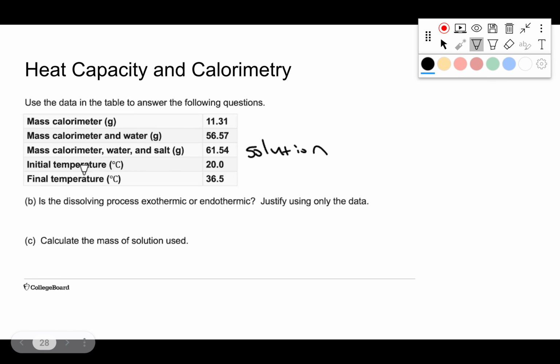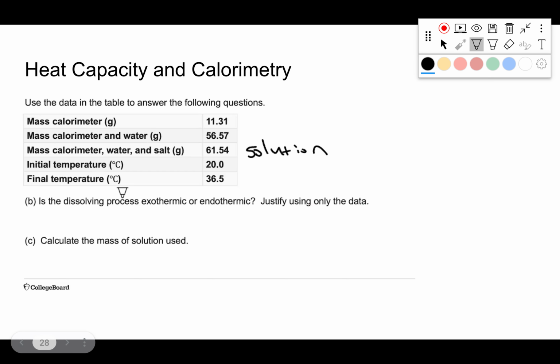We have our initial temperature and our final temperature. So we have to figure out, is this dissolving process exothermic or endothermic? So my temperature started out as 20 and my final temperature is 36.5. So that temperature increased. The energy had to come from somewhere because in a calorimeter, it is all enclosed. So there's not an effect from the surroundings. It's all coming from the system.